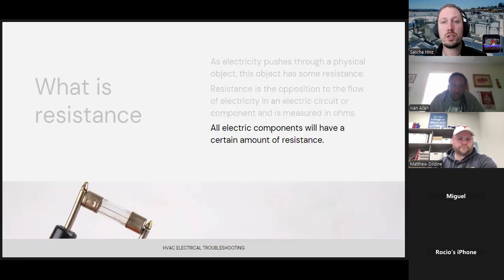All electric components will have a certain amount of resistance. And each circuit needs resistance to function properly, which is something that some people don't think of. If the coil on the contactor, for example, goes below the specified resistance, you will have a short and then your system will trip.